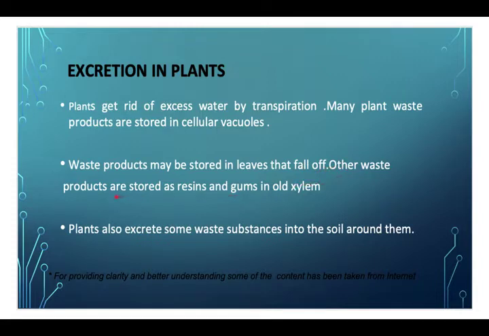Other waste products are stored as resins and gums in old xylem, which are released from the plant from time to time. Plants also excrete some waste substances into the soil around them, and in that way they release their excretory waste outside the plant body.